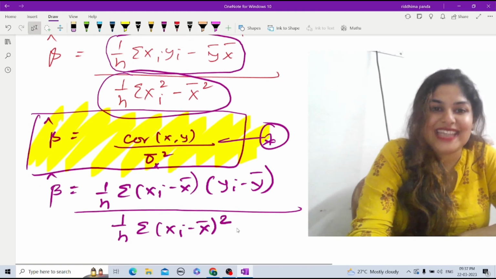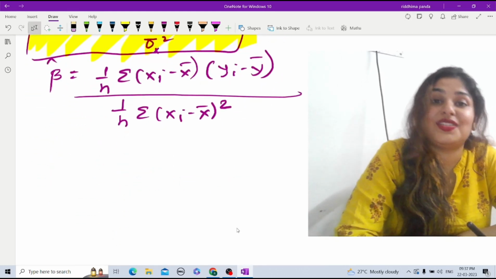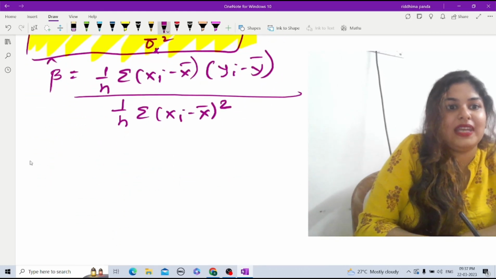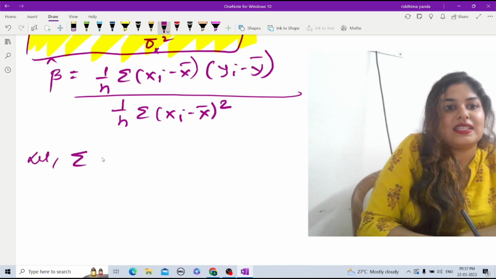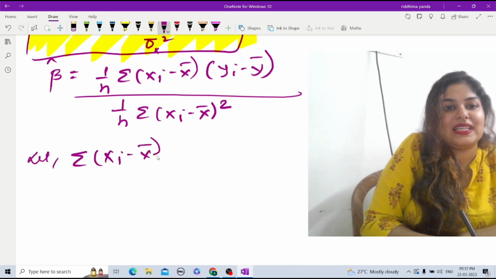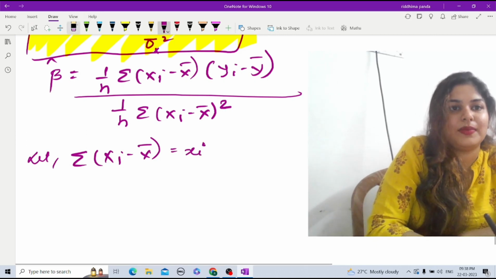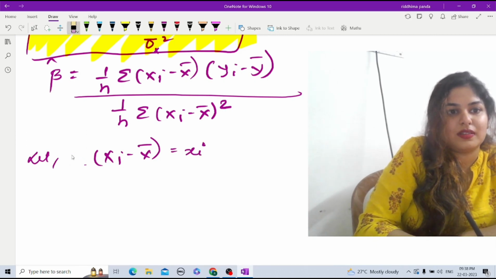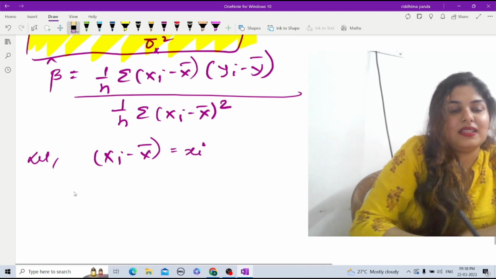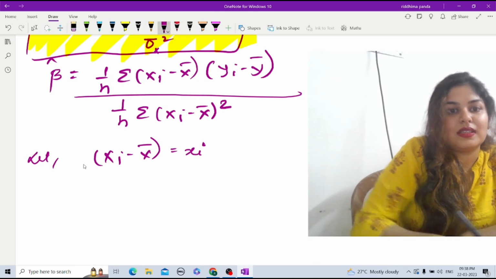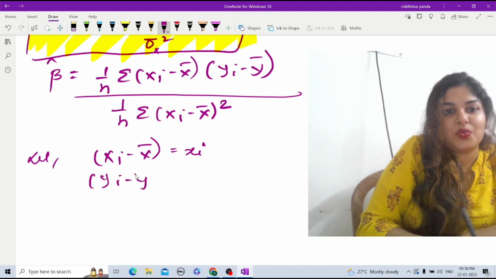Now let us take these deviations and denote them with small letters, right? That is, let xi minus x bar is equals to small xi, and yi minus y bar is equal to small yi, correct?